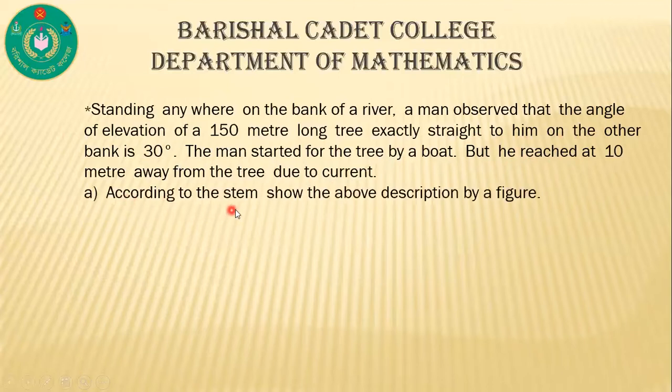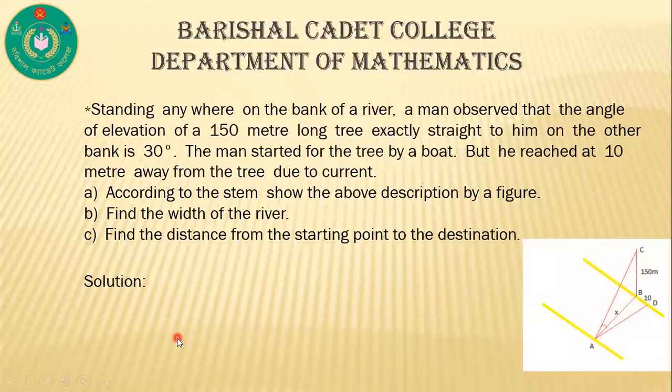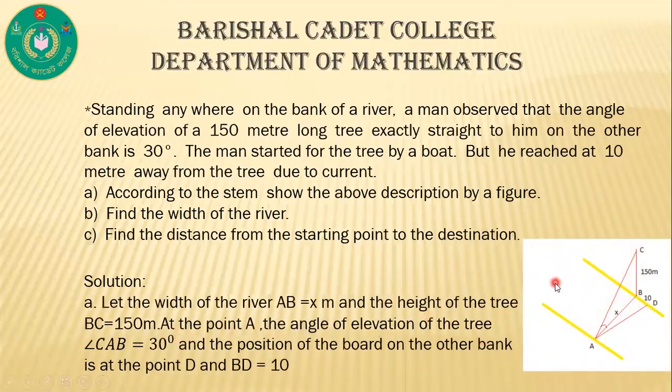Now question number A. According to the stem, show the above description by a figure. Find the width of the river. Find the distance from the starting point to the destination. Solution. Here this is a river and a man is standing here, and observe that here AB is equal to x meter and the height of the tree BC is equal to 150 meter.